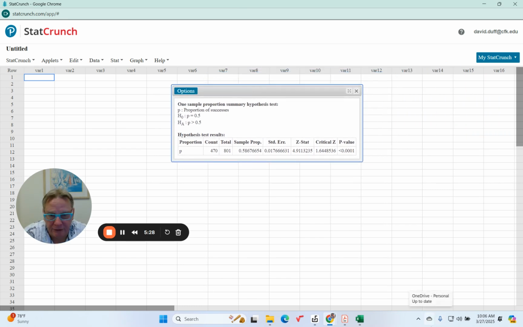And this is, in fact, everything that we need to know. We have our number of successes here. What we're testing, the population proportion, number of successes out of the total number, our sample proportion p hat, standard error, our z statistic, which is 4.91.